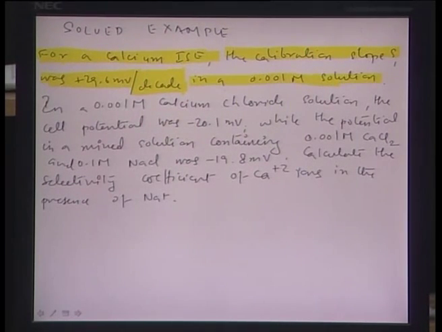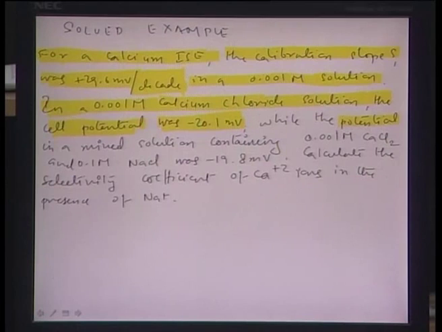So, this is essentially the calibration slope. In a 0.001 molar calcium chloride solution, the cell potential measured through the ion selective electrode was 20.1 millivolts. Now, we mix this calcium chloride solution with NaCl or salt solution in the following ratio, and then measure the potential again.